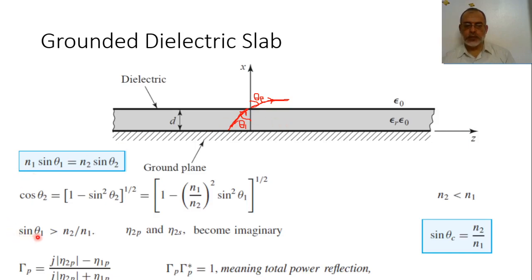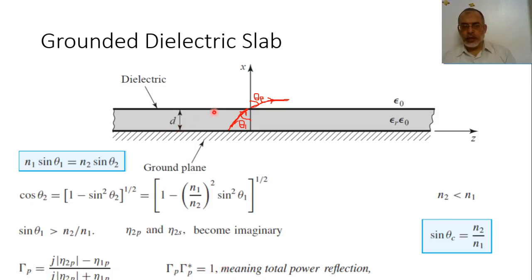So if sine theta 1 is greater than n2 over n1, the intrinsic impedance of medium 2 and theta 2 would be imaginary, and in this case the reflection coefficient would be something imaginary minus something real over something imaginary plus something real. So the magnitude of the reflection coefficient would be unity with a specific phase shift, and this is called total reflection.